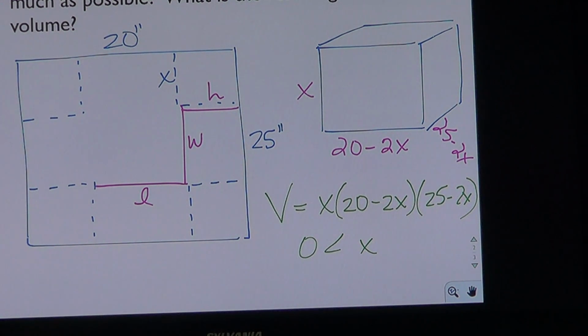And it's going to have to be less than 10, because two of them together have to be less than 20. I have to cut it out from both sides of the 20-inch side, so they can't be more than 10 each, or else I won't have anything left. So my x has to be a number between 0 and 10.